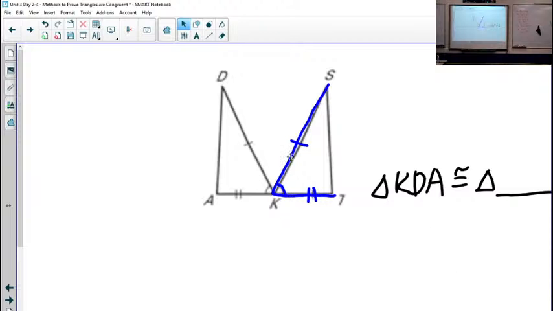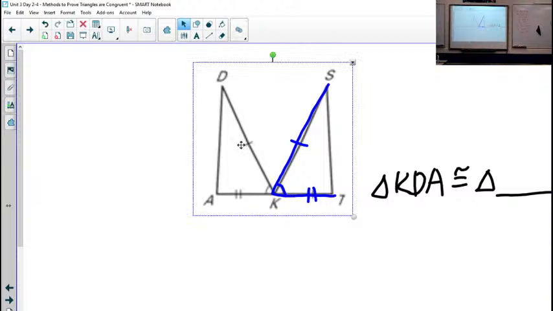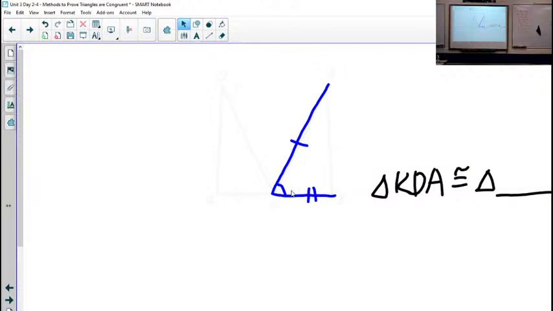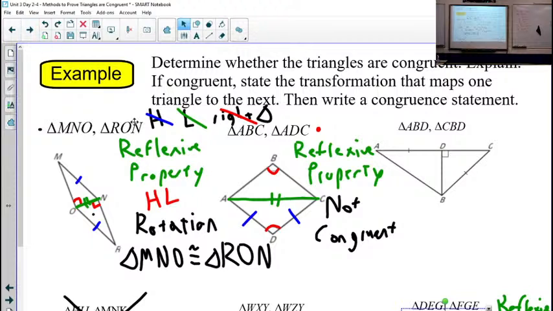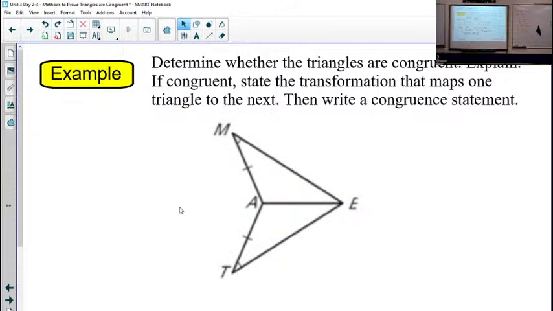An easier way to see if the angle is included is to just focus on the sides and angles that we're interested in. So here's the two sides with tick marks, and here's the angle with the tick mark. Let's take away the rest of the diagram. Oh, the angle is included between the two sides. Just to show you what it would look like if the angle weren't included, let's take this one where I have two angles here, and then I have two sides.